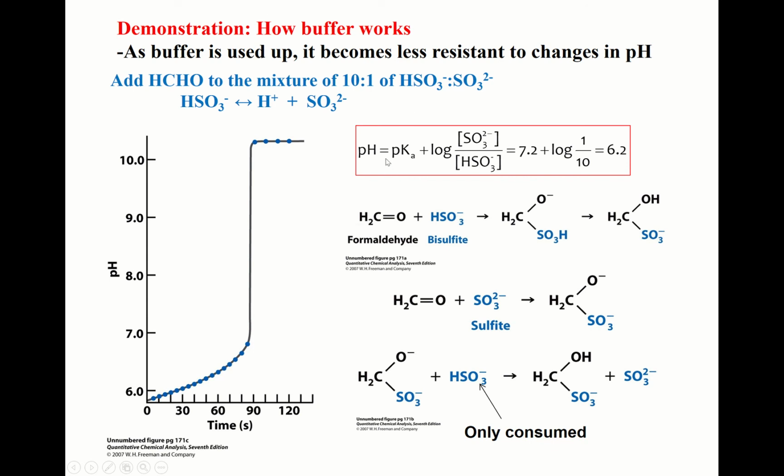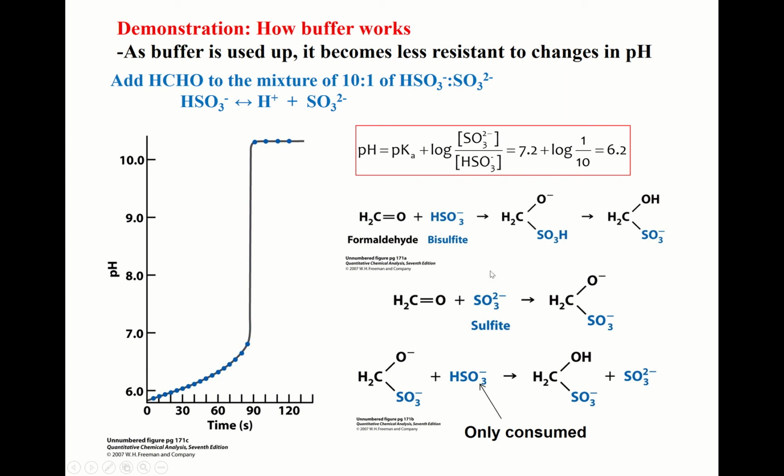And then let's see what will happen when you add formaldehyde to this mixture. Formaldehyde reacts with both species. First with bisulfite, or hydrogen sulfite, and as a result you eventually produce this rather unusual species. And formaldehyde also reacts with sulfite, and it gives this species.